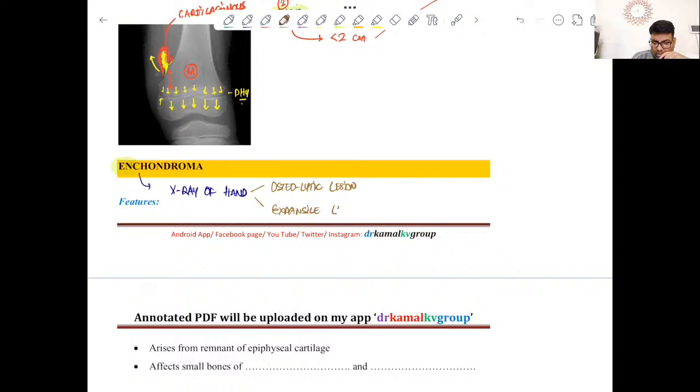Clear? So if you see an X-ray of hand, and if you see an osteolytic lesion, which will appear radiolucent, I think the word radiolucent is clear to all of you.